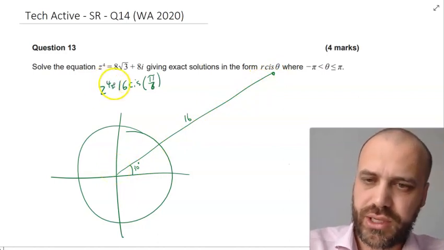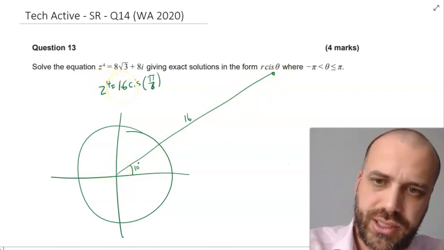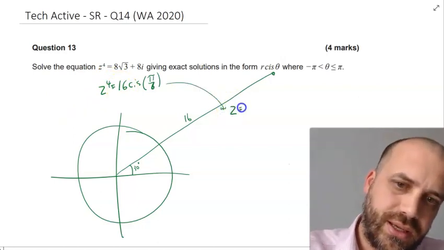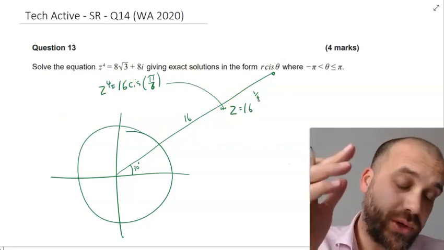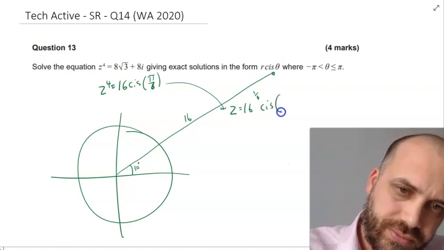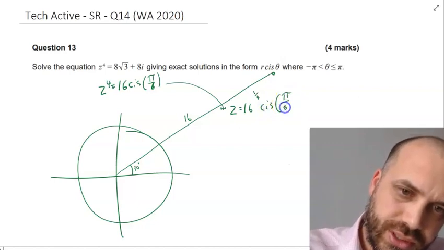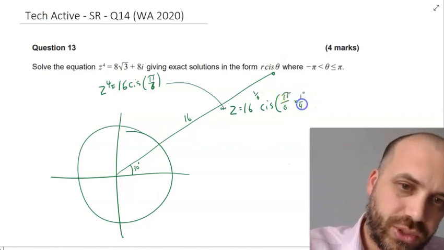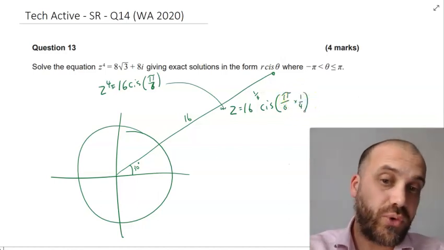Okay, so if z to the 4 equals 16 cis pi on 6, I'm just going to move over to here with my working out. Then z equals 16 to the power of 1/4, the 4th root of 16, and then cis pi on 6 times 1/4, or divided by 4.